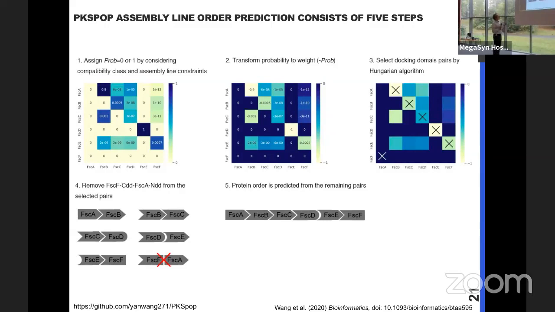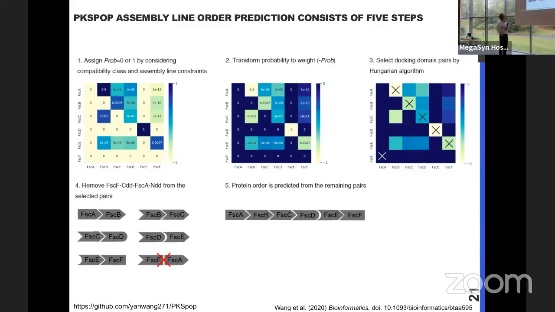And subsequently, after transformations to weights, we apply the Hungarian algorithm to find the best set of docking domain pairs, which together have the highest overall probability. So then we get, in this case, this range of combinations of docking domains. And then in the end, we get these pairs out here, and then we remove, for example, in this case, the pairs again based on biosynthetic logic, because this ends in a thioesterase.